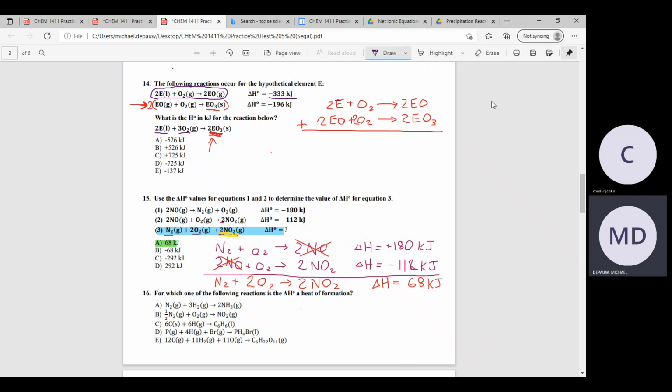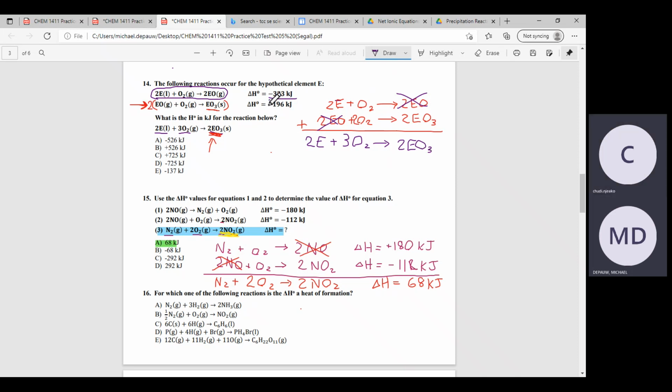What cancels out? 2EO. Yeah, the 2EO, reactant side here, product side here, it cancels out. And then if I add those two equations together, now it gives me 2E plus 3O2 goes to form 2EO3.